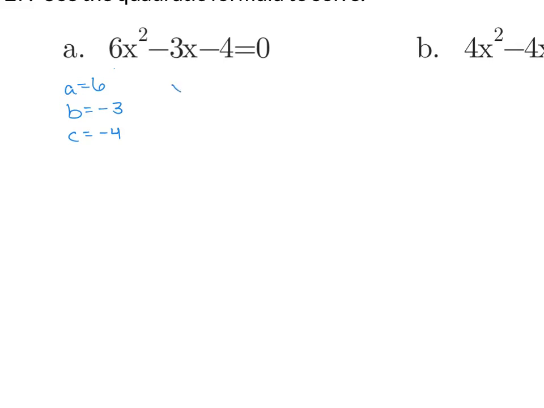So when we plug in, we get x equals minus negative 3 becomes plus 3, plus or minus the square root of negative 3 squared minus 4 times 6 times negative 4, over 2 times 6.